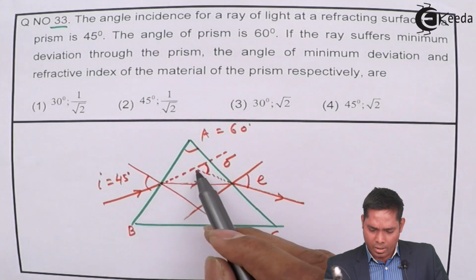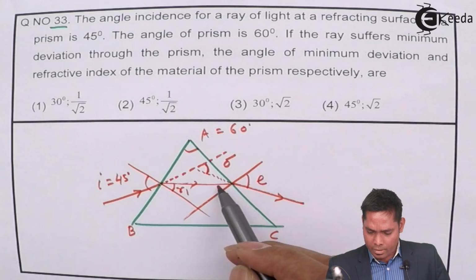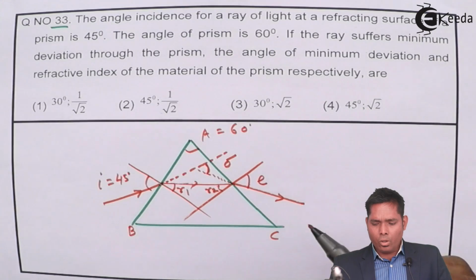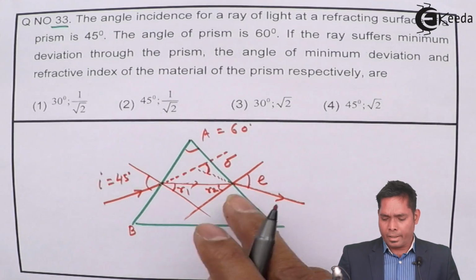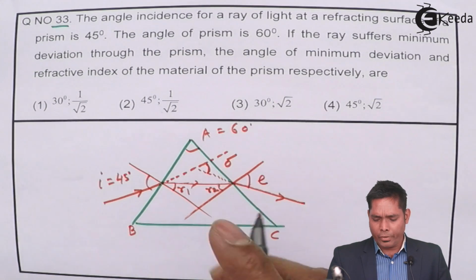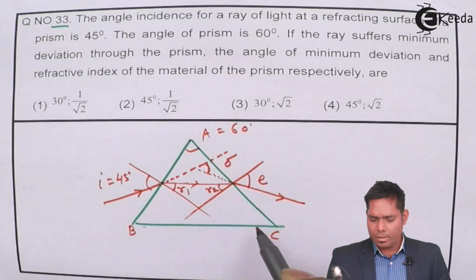Here I can write this normal and this ray, this is r1, and this ray and this normal, this is r2. We know that in case of a prism, the angle of deviation is minimum when the ray inside the prism is parallel to the base.